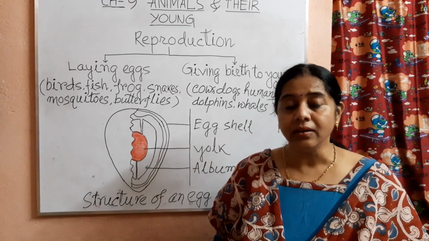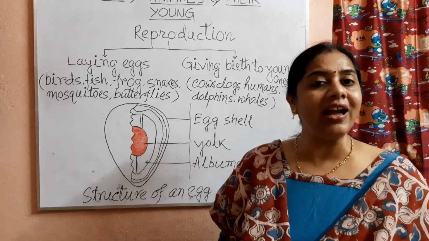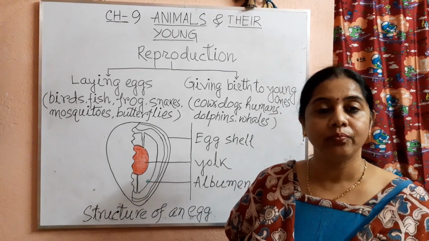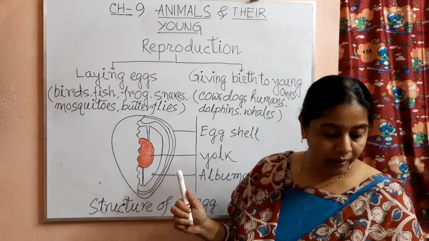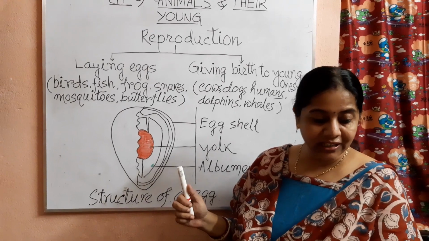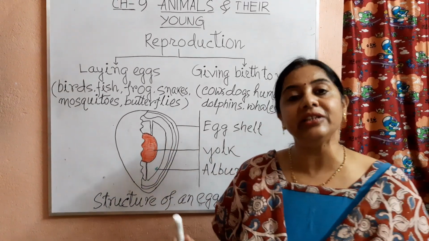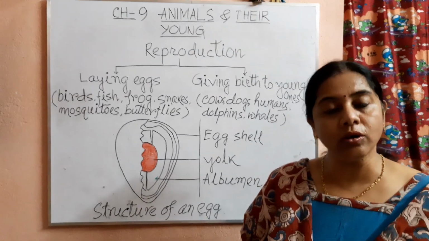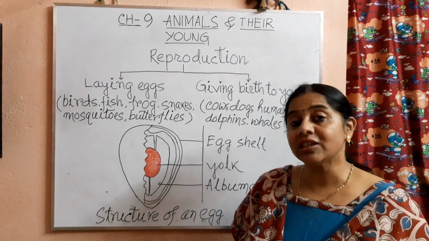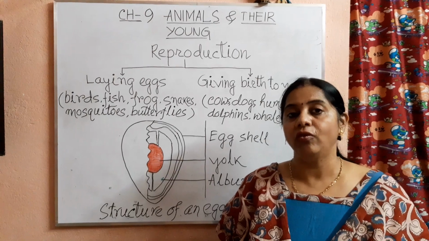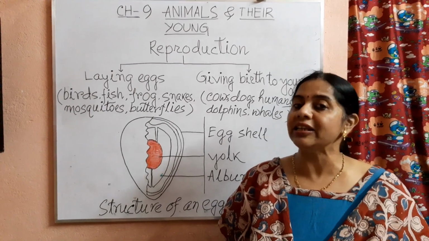Without reproduction, there is no existence of life on this earth's surface. So, all of you learn pages 76, 77 and half of 78 from your science book. I will discuss the life cycle of frog and butterfly in my next video.